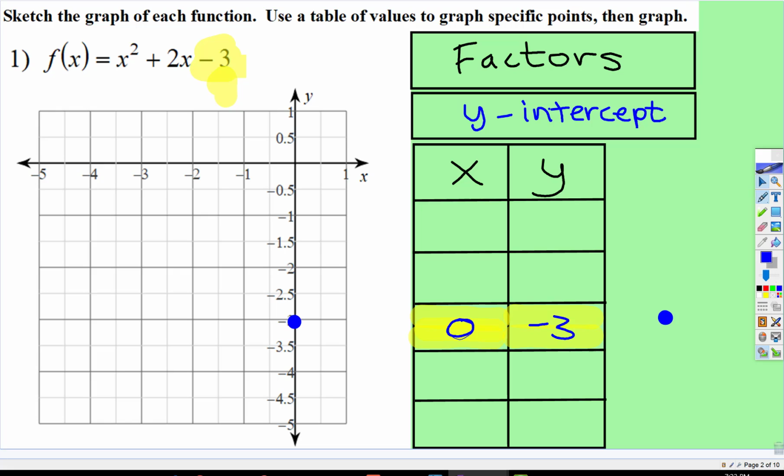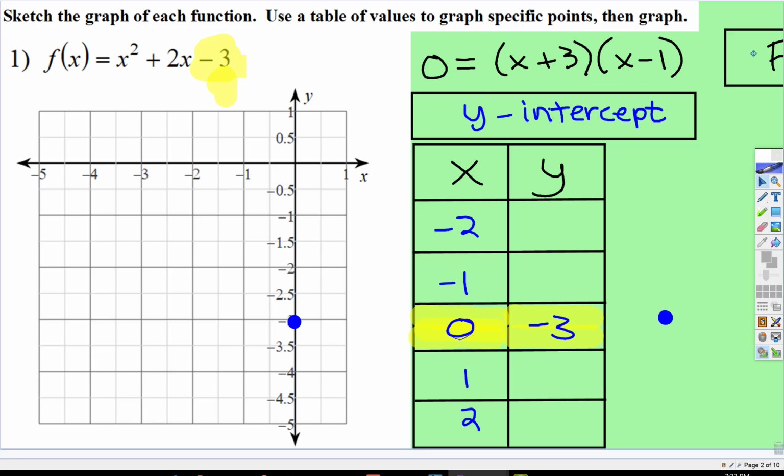Okay, then you could do a table of values. You could say -1, -2, 1, 2, and plug that into the function. Or you could say, I wonder if this is factorable. Well, factors of -3 that add up to +2. Well, 3 times -1 is -3, and 3 plus -1 is +2.